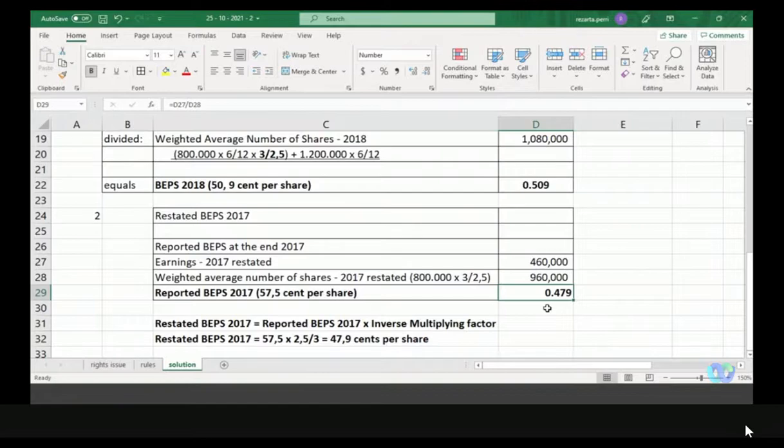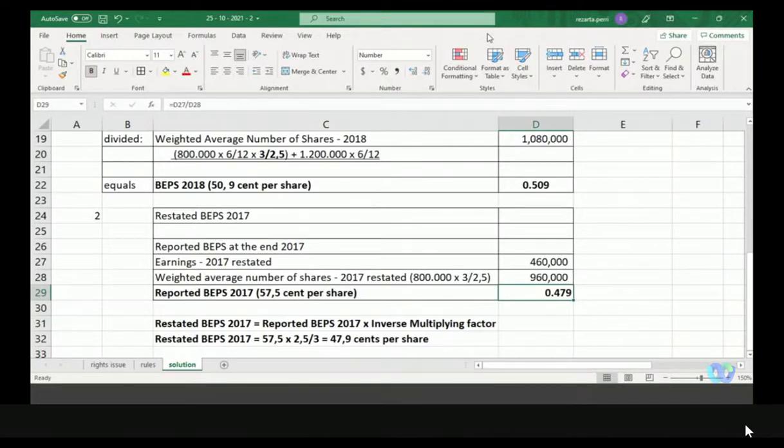So one way to do that is to see what you have reported for 2017 and multiply that by the inverse multiplying factor, or have it this way: restate both earnings and number of shares for 2017. In this case, no change in restated earnings, but when you restate the number of shares by multiplying them with the multiplying factor, you will get the same result. So mathematically, it's basically the same thing.